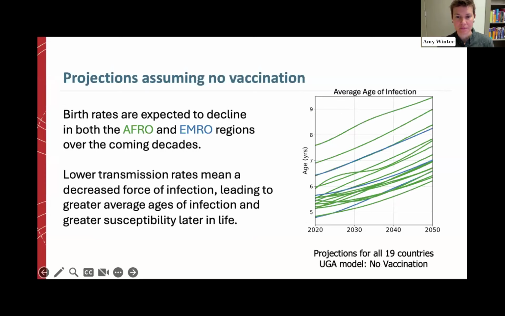Next slide. As the average transmission rate falls, the rate at which susceptibles become infected also decreases. This results in an increase in the average age of infection. So note that while rubella infections will still largely occur in children, this increasing mean age of infection also means that an increasing proportion of women will reach childbearing age without previously being infected, or still susceptible.